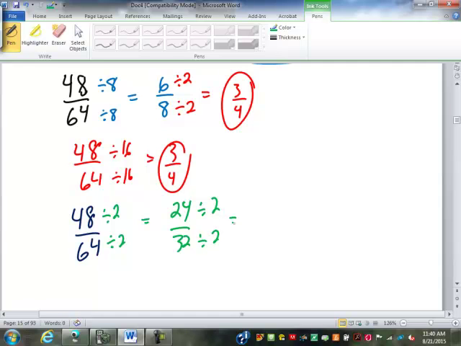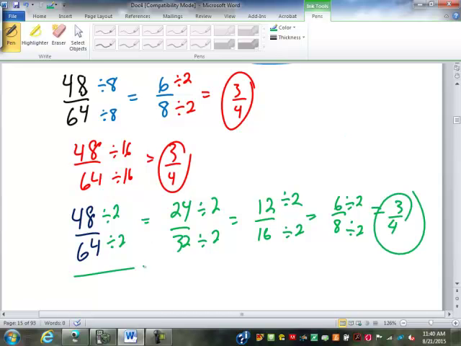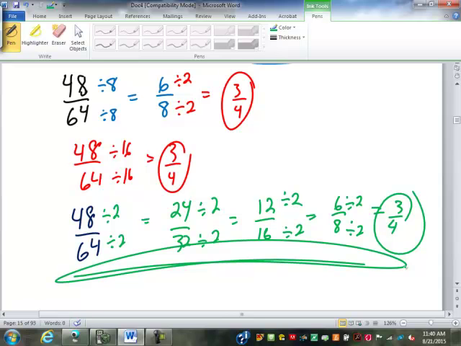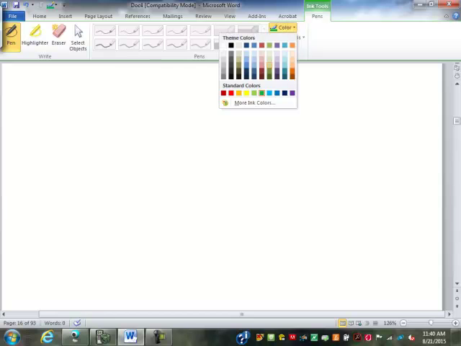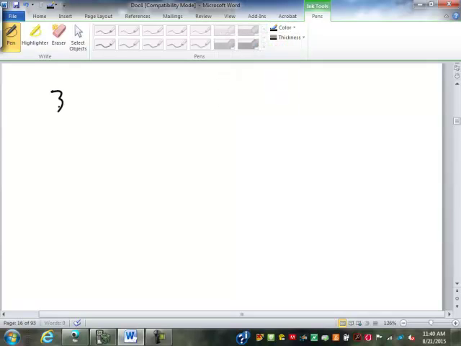They're both even, so they divide by 2. And eventually we still get down, as long as we do everything accurately, to 3/4. It's just a little bit more work and time to do it this way, but we still get there. So that's the trick, is looking at those numbers and seeing what both of them can be divided by.